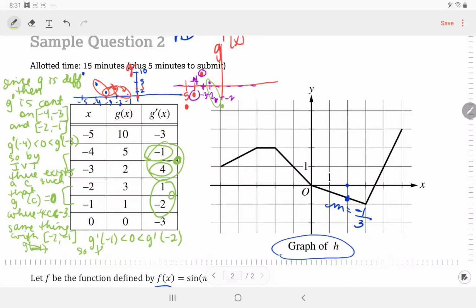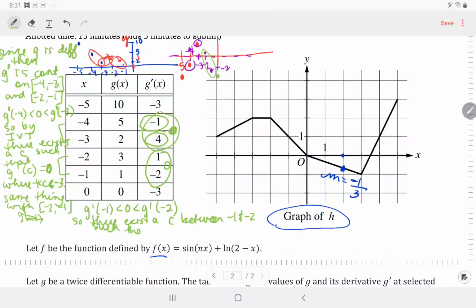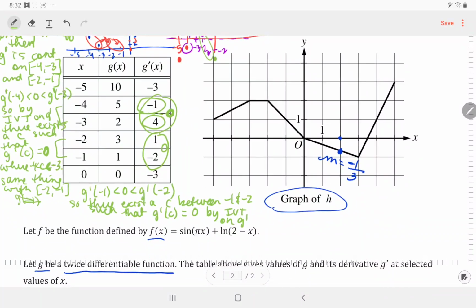So there exists a C between -1 and -2 such that G prime of C equals 0 by intermediate value theorem on G prime. Okay, so that's the reason.